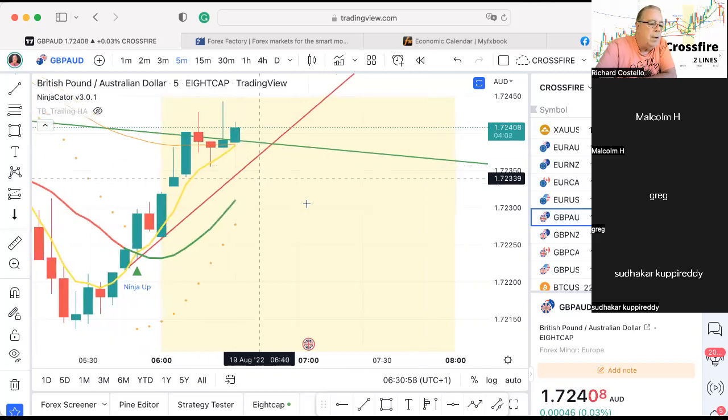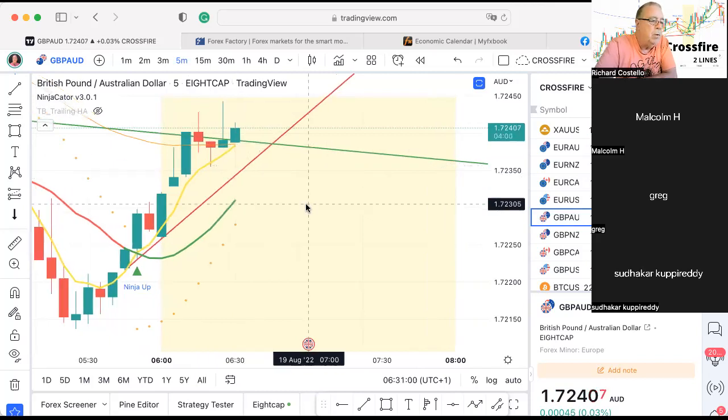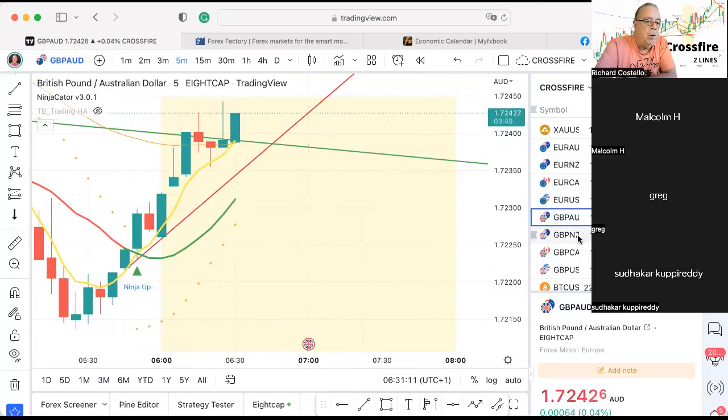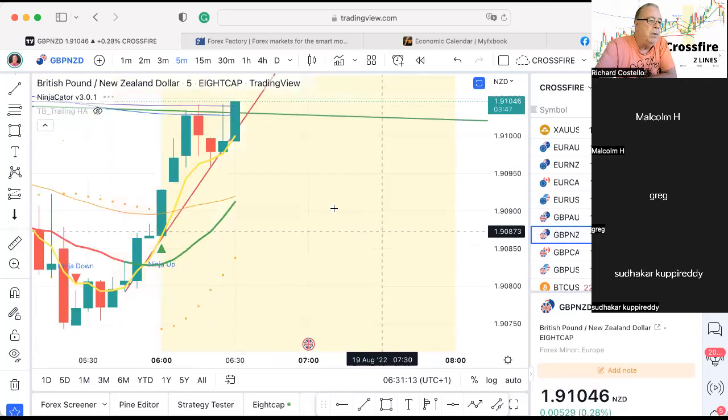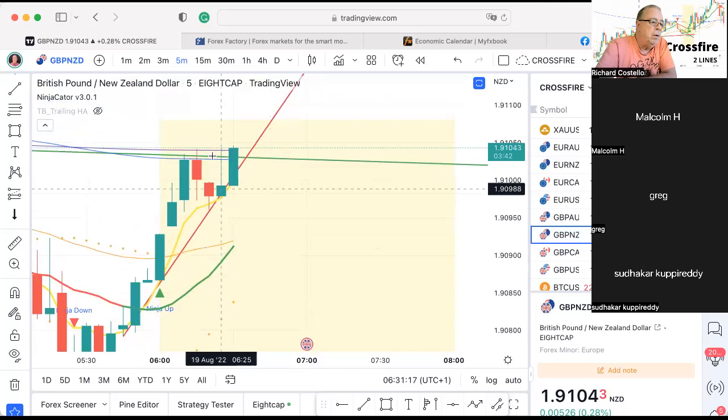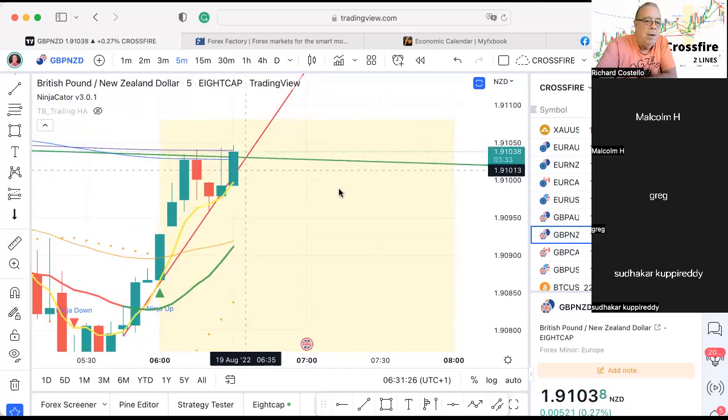But I think 7 o'clock is going to be the time when we get some proper movement. And this is one of the GBP pairs, so they're going to be the ones most affected. In that scenario, we've got 3 reasons why price is not going to go north: our green line, the blue 200 line, and the purple 800 line.